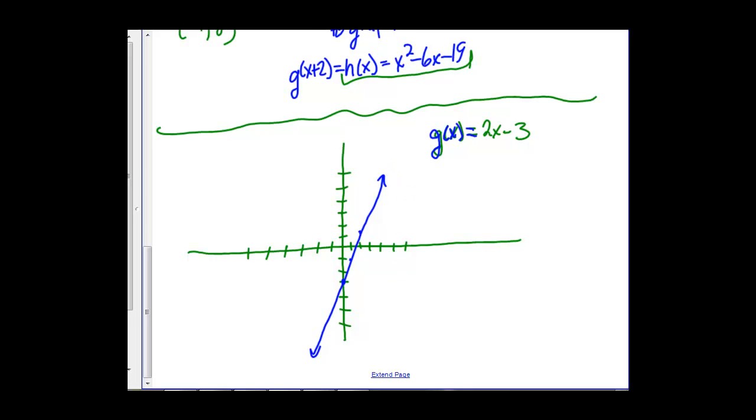So now let's do g of x plus 2. So we're going to do 2, leave some space, minus 3. We're plugging in that x plus 2.